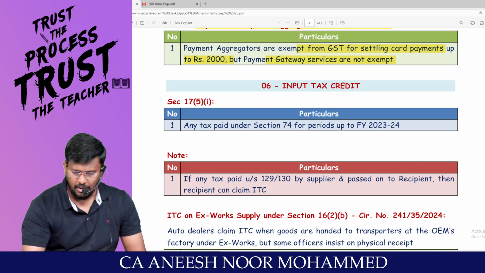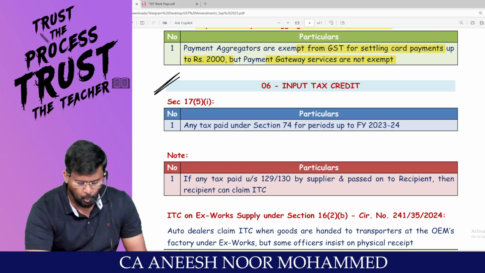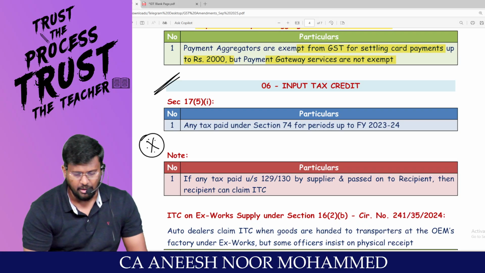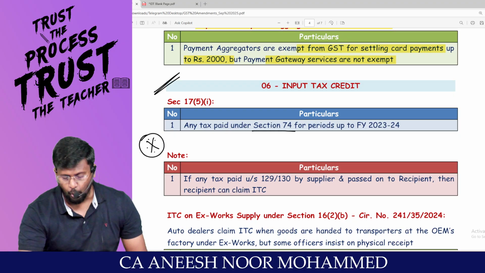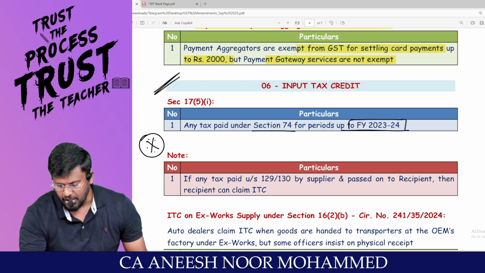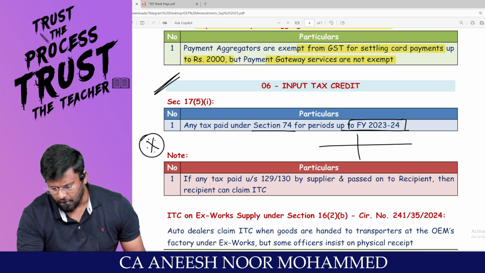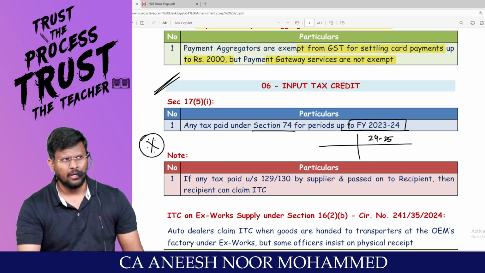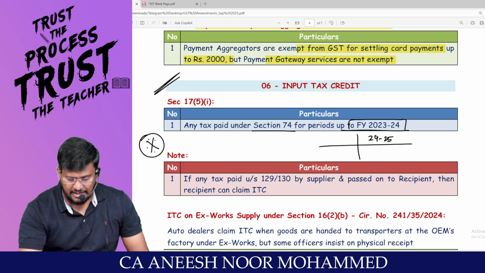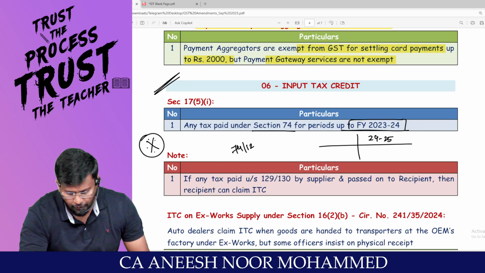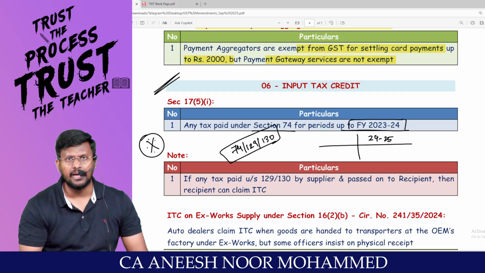Sir, what about input tax credit? One important amendment they have made, according to me. Any tax paid under section 74 for period up to financial year 23-24. Sir, our financial year is 24-25. We know blocked credit. There are 10 items of blocked credit. In that, any tax you paid under section 74, 129, 130 cannot be taken as ITC.